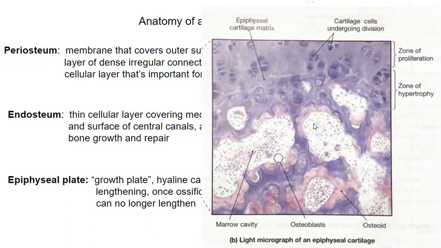So if we could zoom in on that, what we'd see is this hyaline cartilage. And this cartilage, like you'd expect, has these chondrocytes that sit in the lacunae. And then we also have these osteoblasts, which make bone. And as these cartilage cells die, these osteoblasts take their place and sit in the lacunae, and they ossify the surrounding tissue.